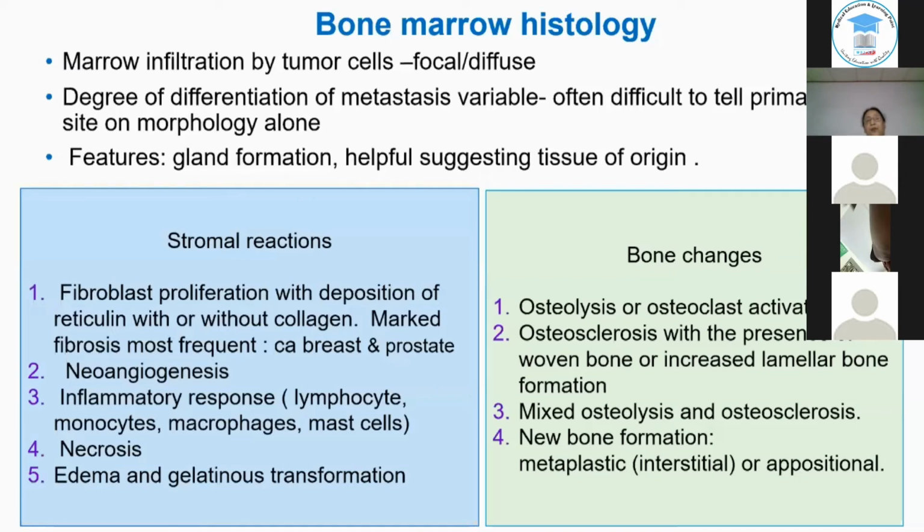In the bone changes, there may be osteolysis because of osteoclast activation, or there may be osteosclerosis with presence of woven bone or increased lamellar bone formation, or there may be a mixture of both osteolysis and osteosclerosis. The new bone formation may be either metaplastic, that is interstitial, or it may be appositional.